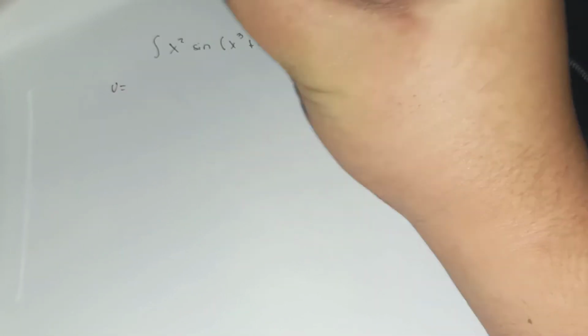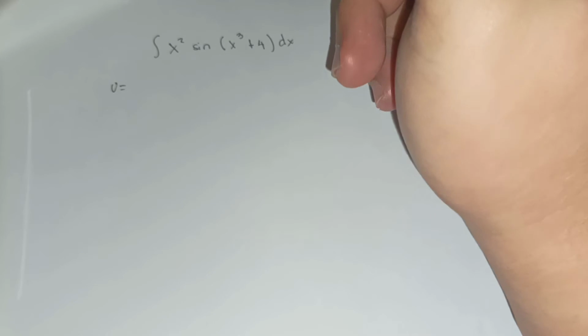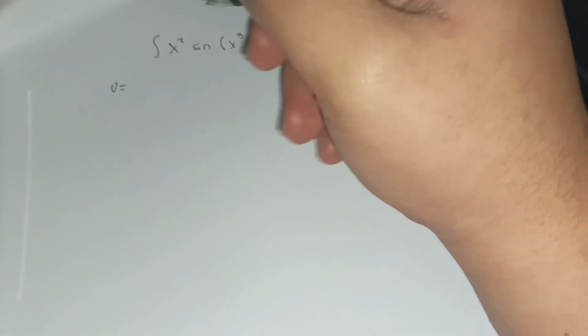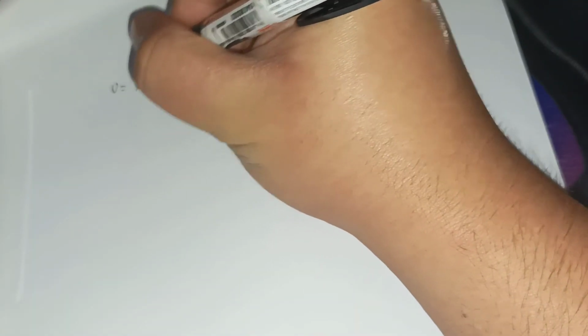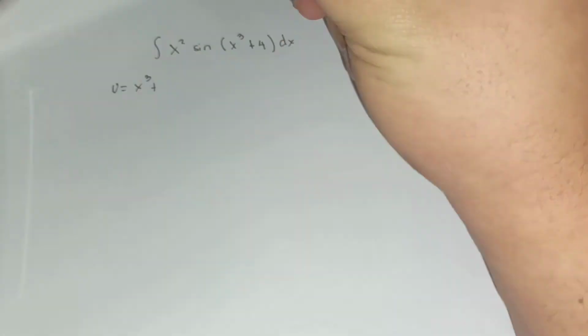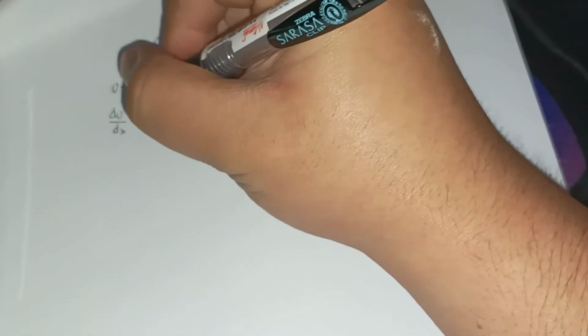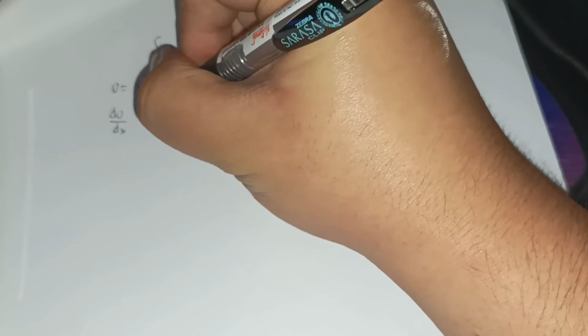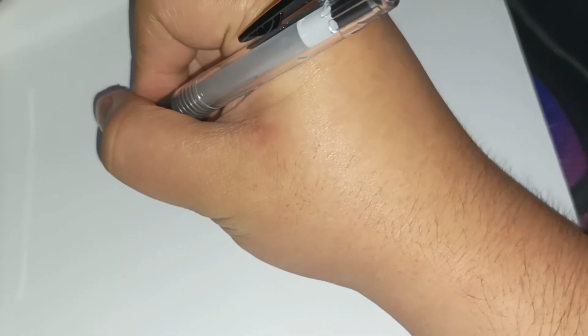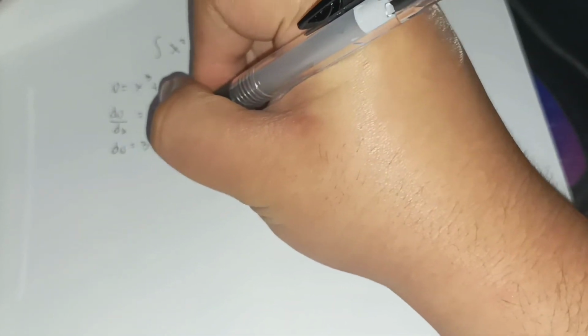First, look for the u, which is the one I always prefer inside the open and close parenthesis, which is x cubed plus 4, and then du over dx equals 3x squared. Our du is just the same, 3x squared, but this time it has dx.